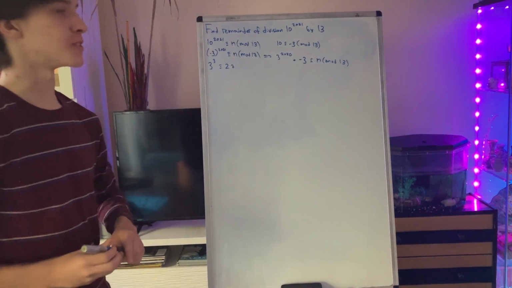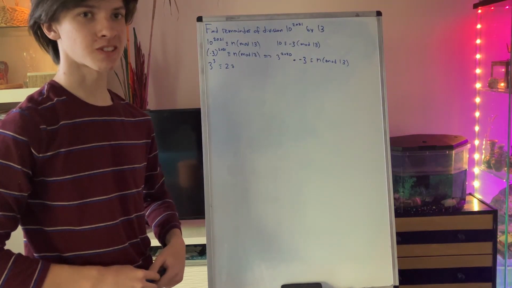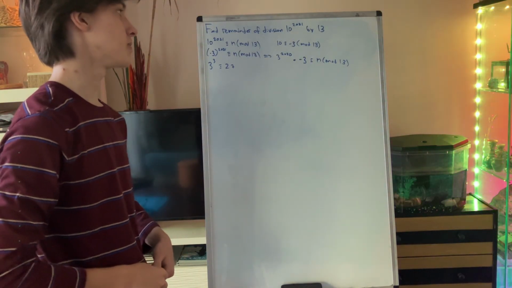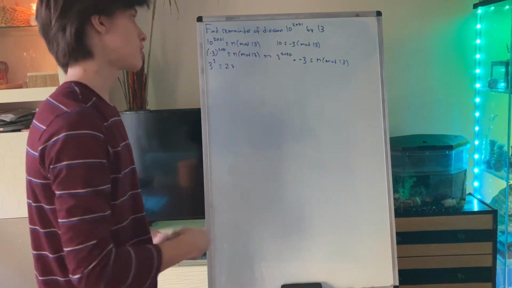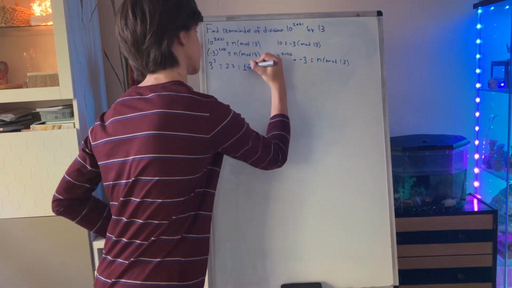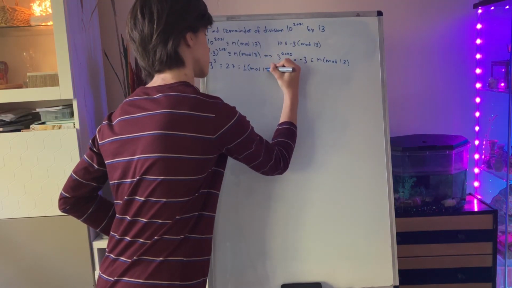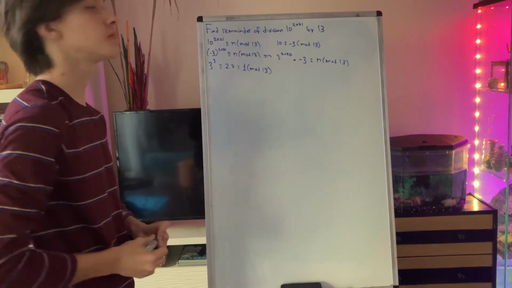And 27 mod 13 is 1, right? Because 26 is a multiple of 13. So 27 divided by 13, you get a remainder of 1. And there is nothing better in these congruences when you get a 1 mod 13.